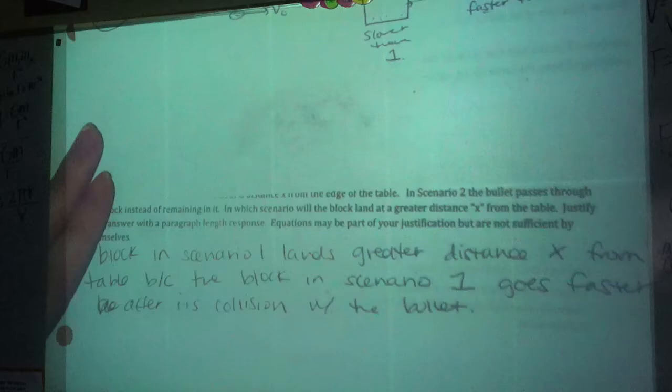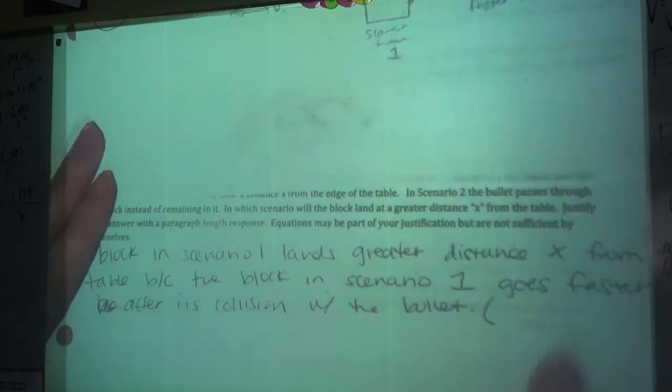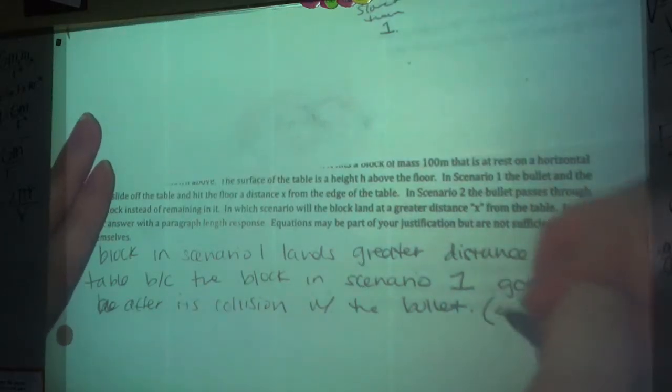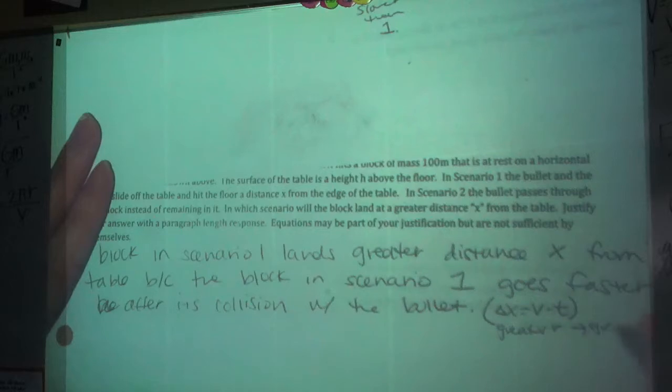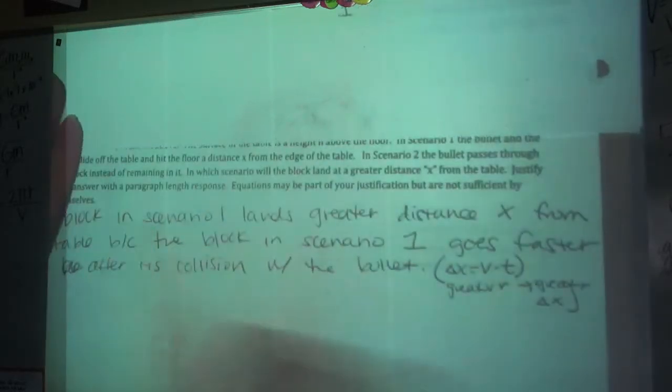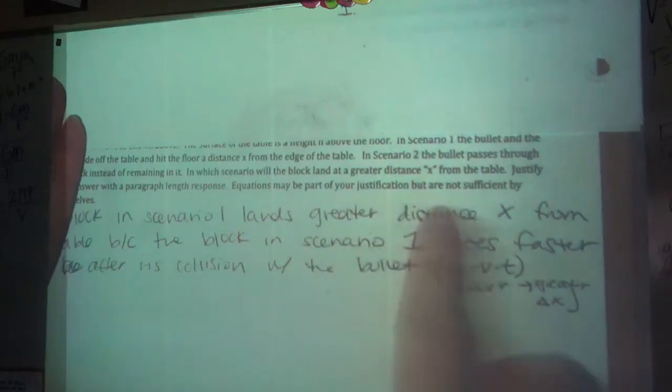And now we need to explain how we know it's moving faster. If you want to be super detailed, we know that farther is faster because your delta x is just velocity times time. So a greater velocity means a greater displacement, or greater delta x. But I think it's definitely enough to say that it goes farther because it goes faster.